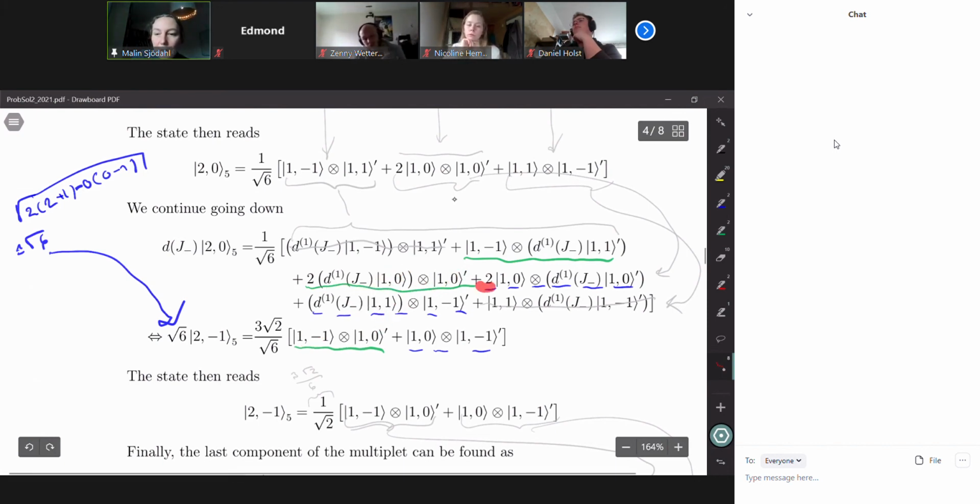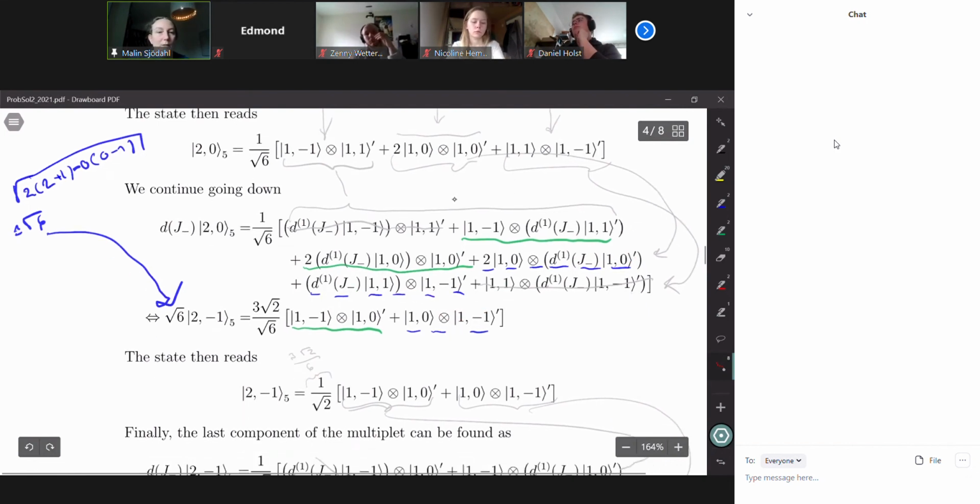And then we have this state here, which will give us a -1 here, so it goes there, and similarly this state goes there.